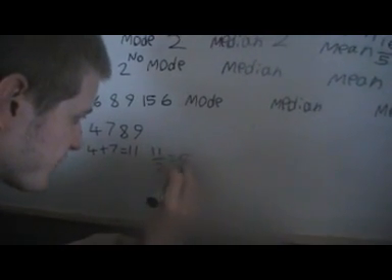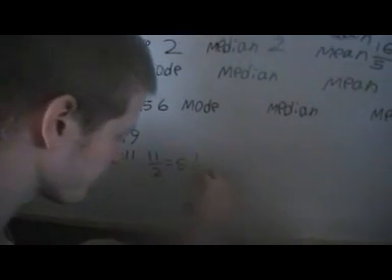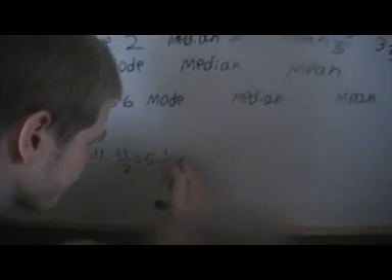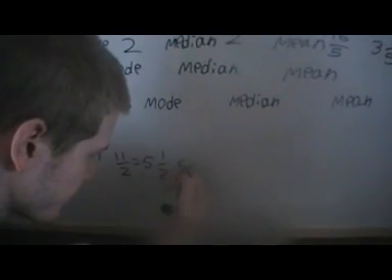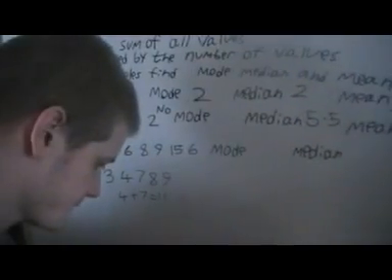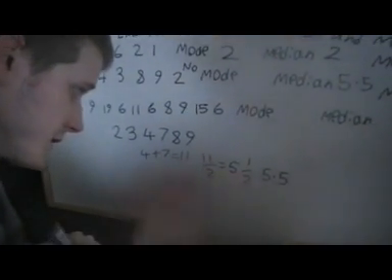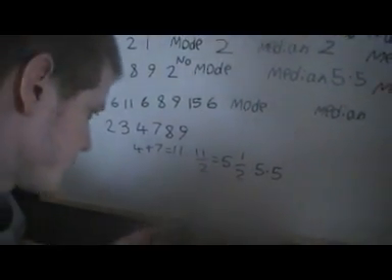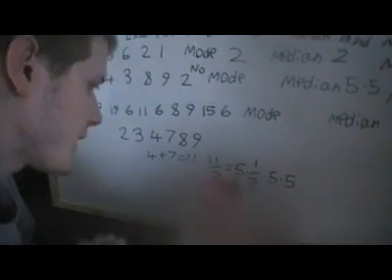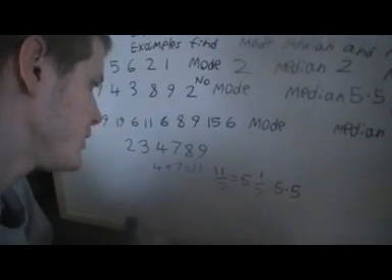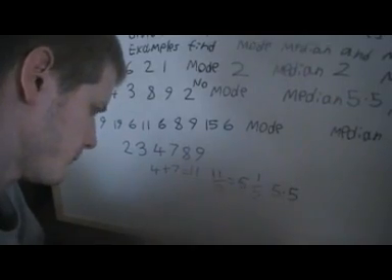So that's 5.5. So the median for this one's 5.5. Okay. So that's what you do when you've got two numbers in the middle. You add them up, and you divide by 2.